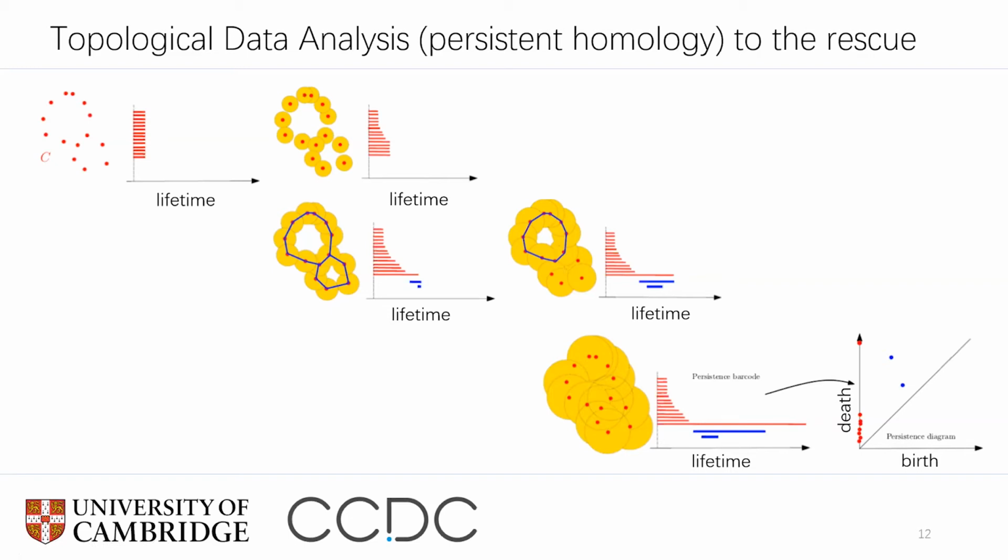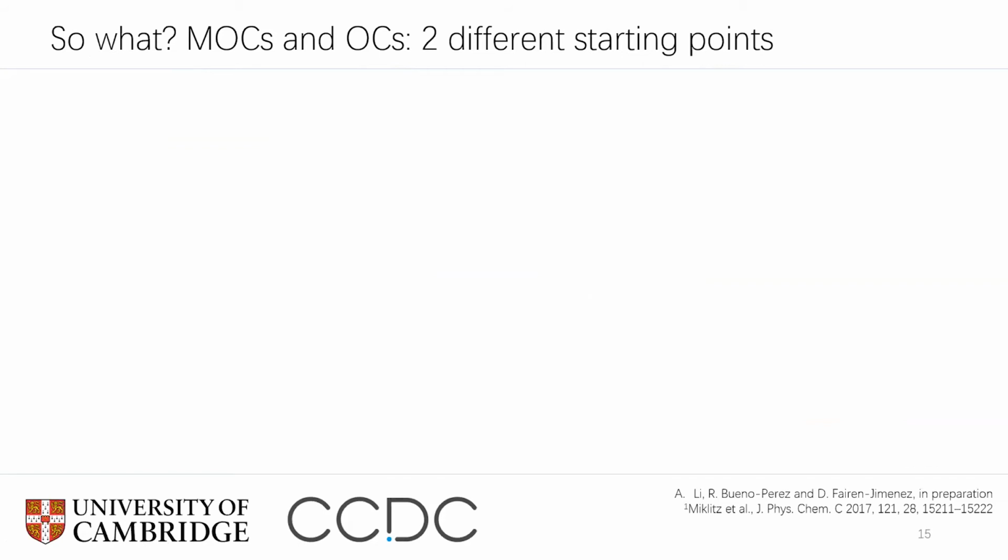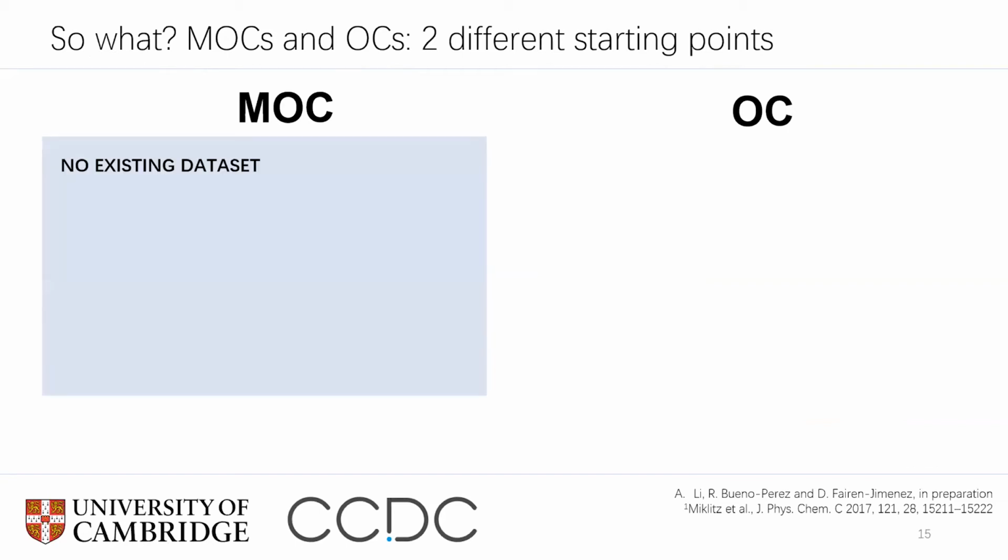So I explained briefly how TDA works. How am I going to apply this to cages? First of all, I was working with two types of cages, metal organic cages and organic cages, and I had two different starting points for them. For metal organic cages, I had no existing data set, no reference.